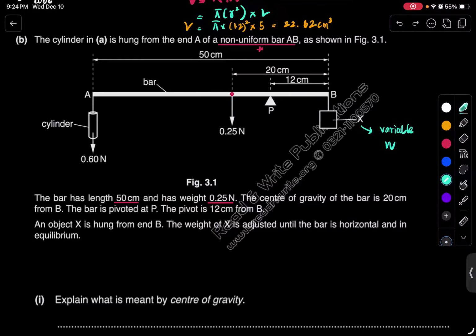If this is the pivot, then the rod is going to be turned anti-clockwise because of the weight of the bar and the cylinder. But you can counter that moment by adding a weight X on the right side, which gives a clockwise moment. We adjust that variable weight to balance it out, because if it's too small it'll fall this way, and if it's too large it'll fall the other way.